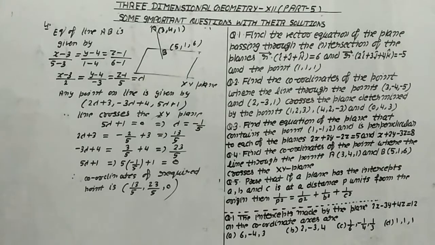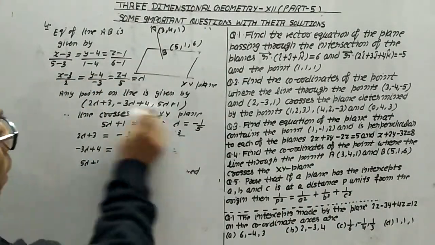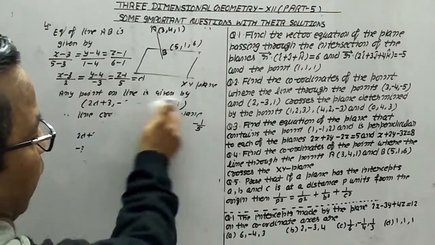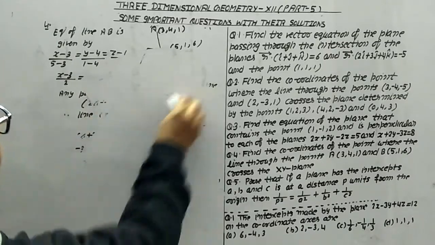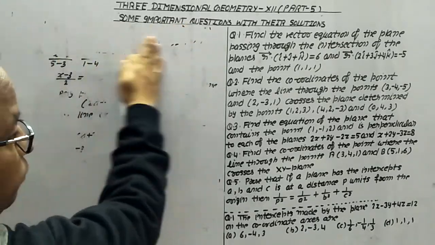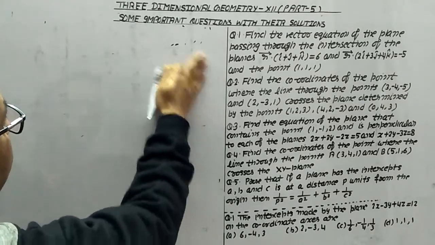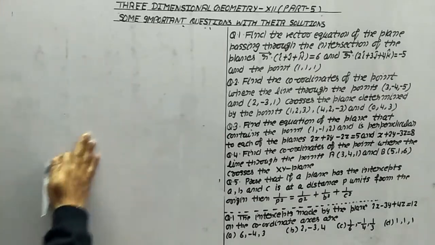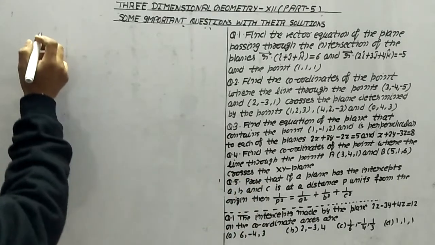Now let's start the solution of question number 5. In question number 5, we have to prove that if a plane has intercepts a, b, c and is at a distance of p units from the origin, then 1 upon p square is equal to 1 upon a square plus 1 upon b square plus 1 upon c square.